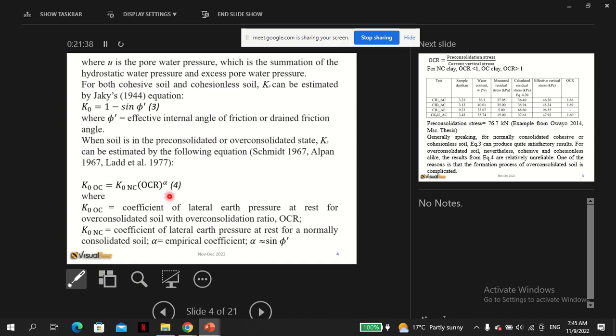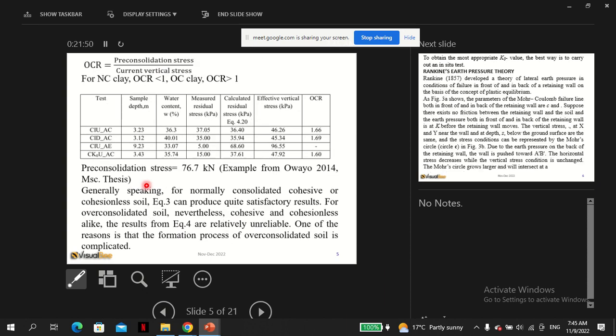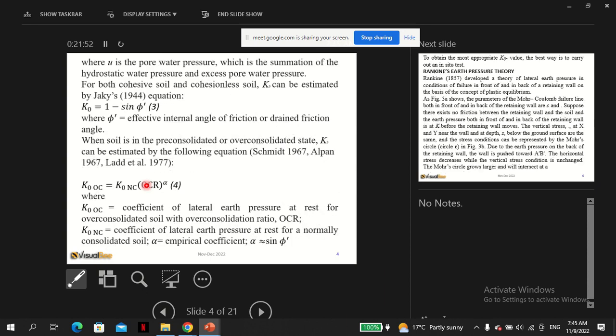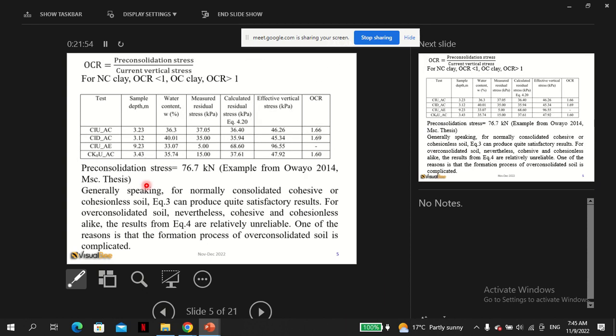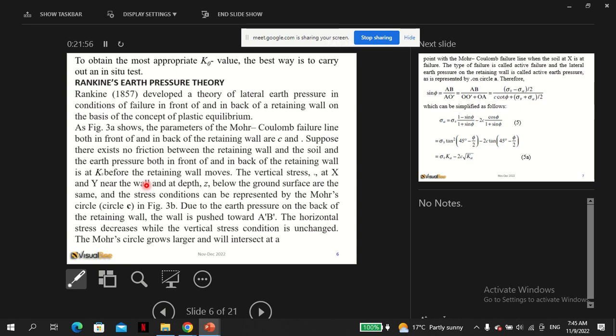Now these values for normally consolidated soil are reasonable and reliable, I should say. Equation 3 is reliable for normally consolidated soil. Equation 4 is not very reliable for over consolidated soil. One reason is that the consolidation process is quite complicated.